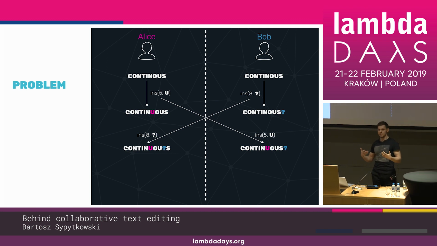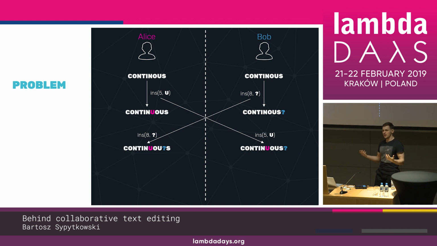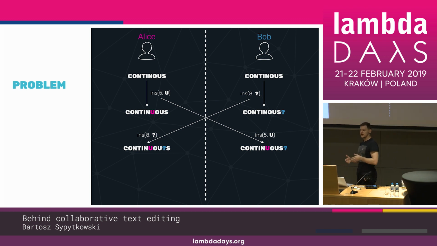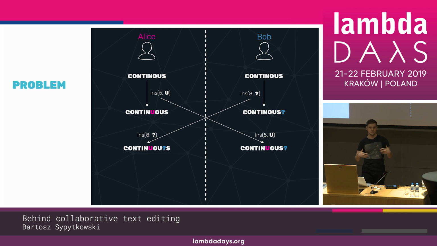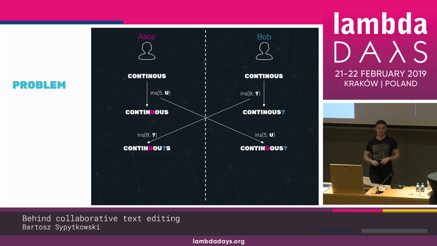The state of replicas differs, and therefore our document is corrupted. Why? Because since Alice committed her operation, the actual index of the data that we wanted to use to insert our new character has changed. And this is the golden issue that we want to solve. There are multiple different problems, if we want to go into the details, but this is something that we can start with.